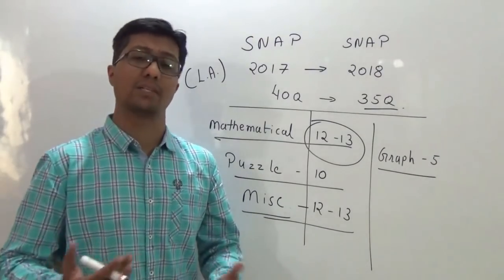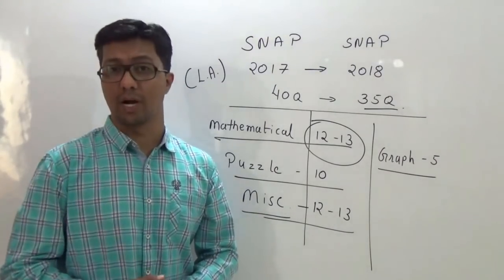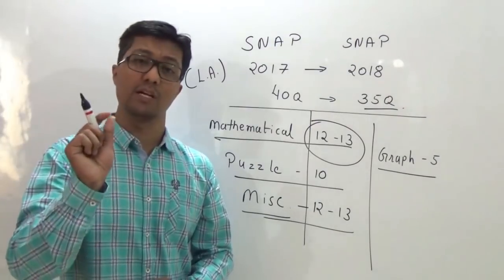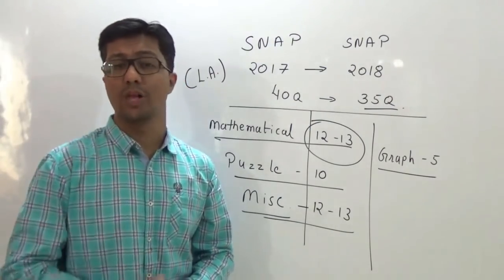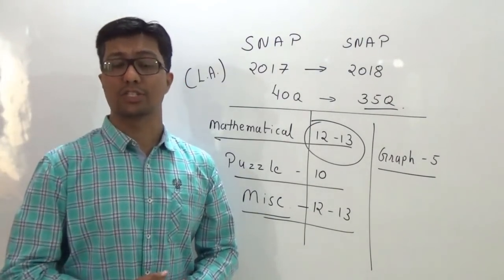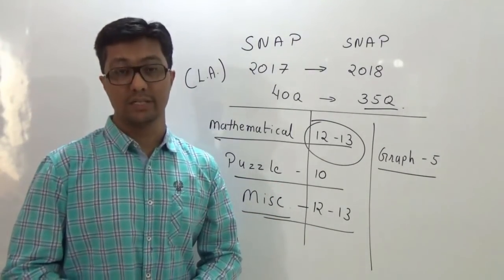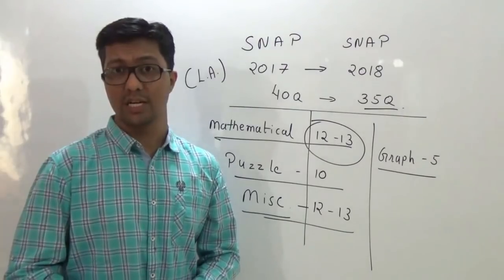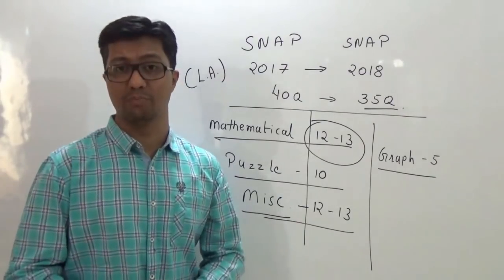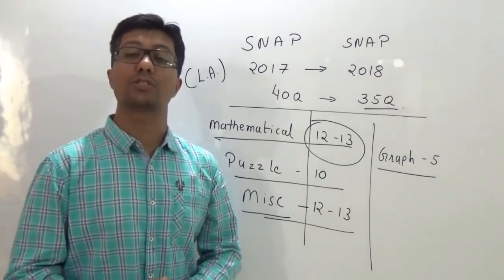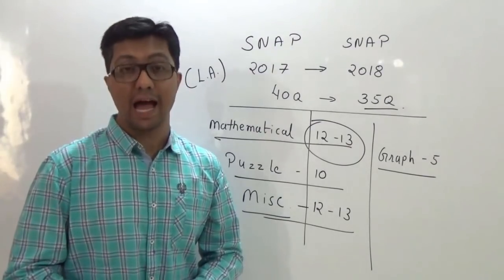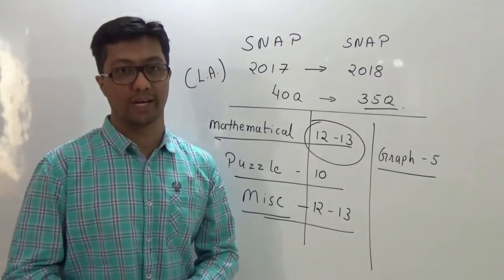They might change the pattern a little bit, so your basics should be very strong. Now, the second thing they gave last year was questions on puzzles. There were 10 questions on puzzles. One caselet was very simple, another caselet was considered very difficult as it was time consuming.